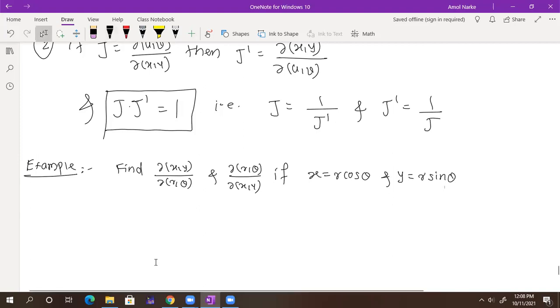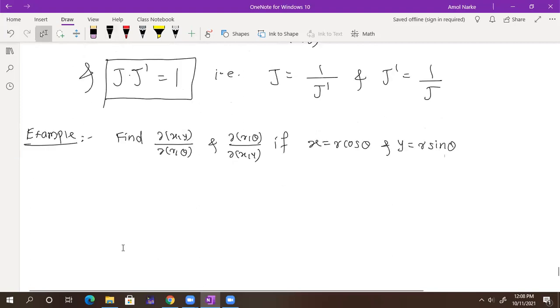We can just substitute x and y and then differentiate. So first we write down the formula. We have the Jacobian of x, y with respect to r, theta. So what will it be? The partial derivative of x with respect to r, the partial derivative of x with respect to theta.